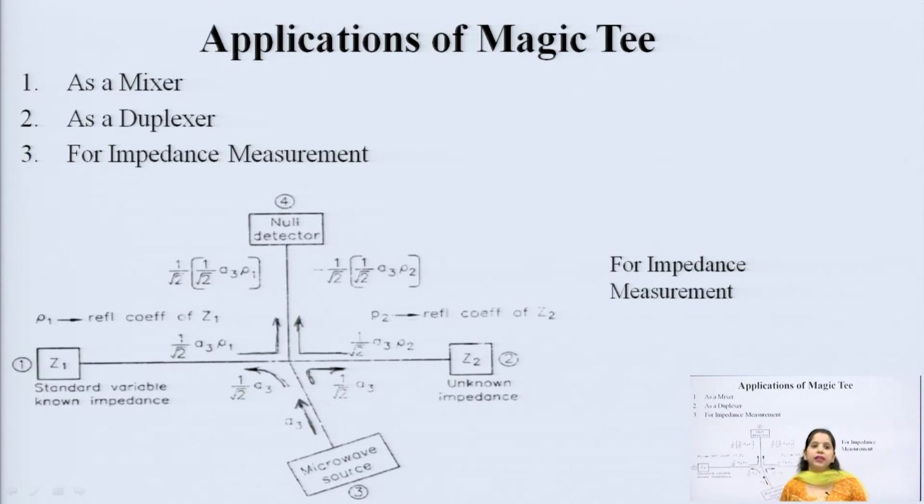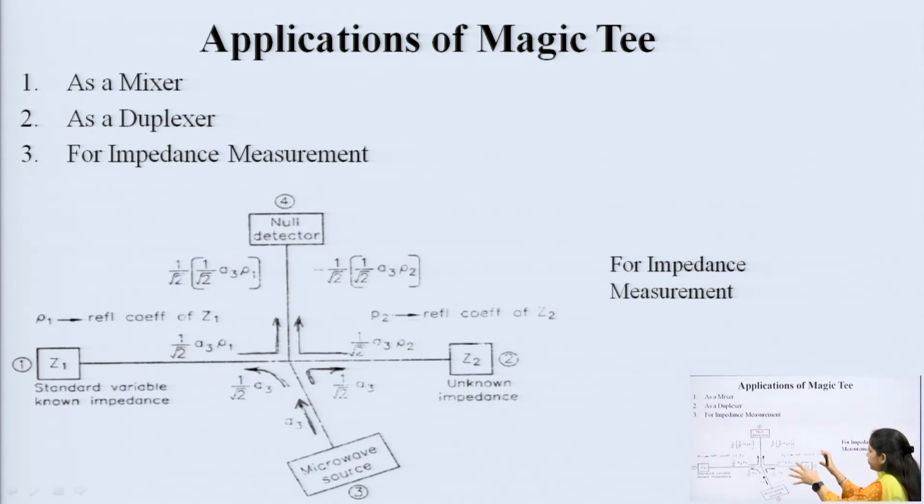Now comes the application of the magic T. The application of a magic T plays a very important role, because we are able to use it as a mixer, as a duplexer, and for impedance measurement. So, the first diagram which I am showing here is the arrangement of magic T for the calculation of impedance.